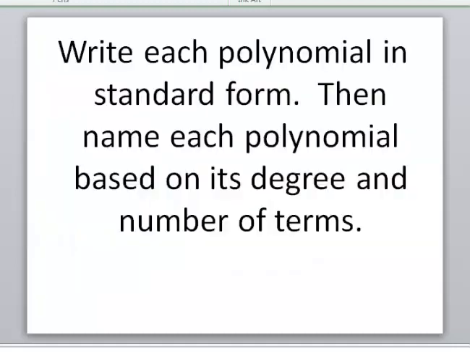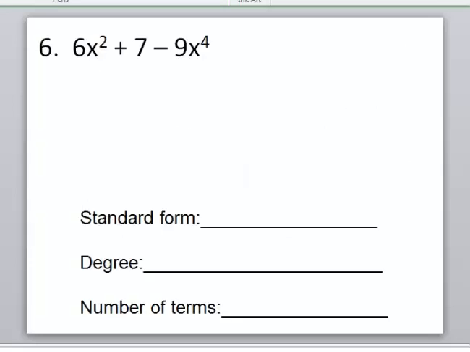So one of the things we're going to do is write each polynomial in standard form, again being highest degree down to lowest degree. Then we're going to put a name on the polynomial as either linear, constant, quadratic, based upon its degree. And then we're also going to give it a second name based upon the number of terms it has. So in this first example, you can see that it's not in standard form. Standard form starts with the highest exponent, which would be this negative 9x to the 4th.